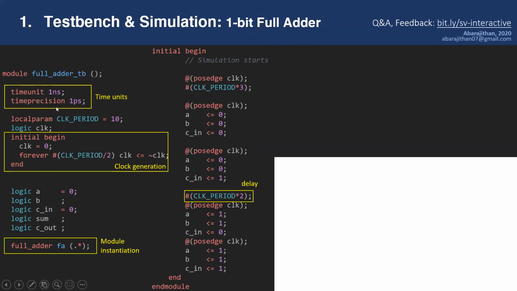Then time precision. It's not very important, but the simulation tool does simulation in discrete time steps. We are telling it we need a time precision of 1 ps, which is 1,000th of a nanosecond.